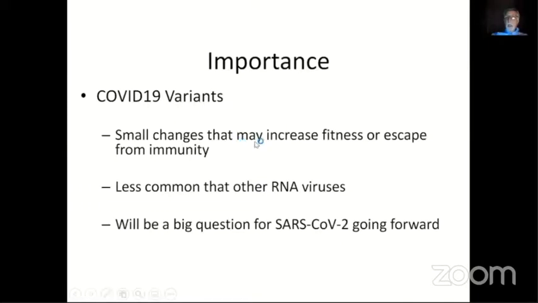Changing the structure, they may skip our control. This is less common than in other RNA viruses. This is important, and there will be a big question for SARS-CoV-2 going forward. What happens in the future? There is still a question mark.